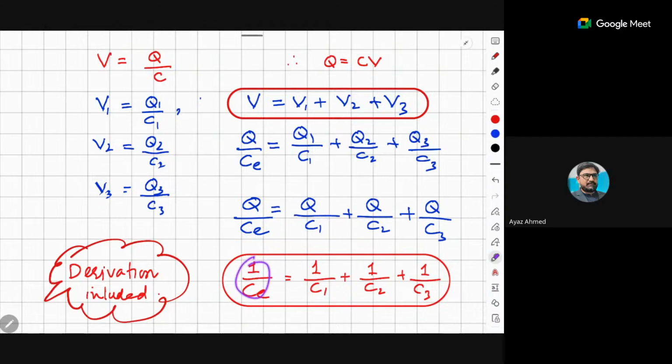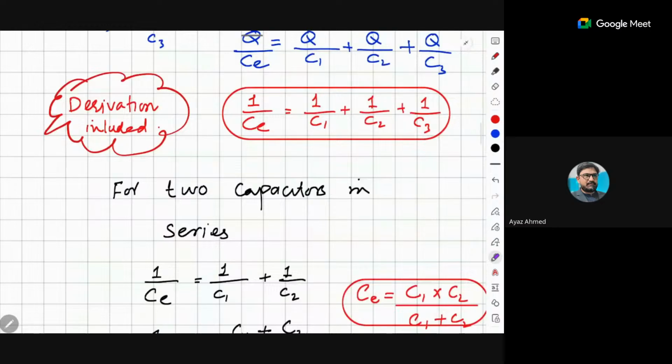You get 1 upon C equivalent equals 1 upon C1 plus 1 upon C2 plus 1 upon C3. So in your series combination, the capacitance decreases. That is why your reciprocals are added, not your ordinary values.